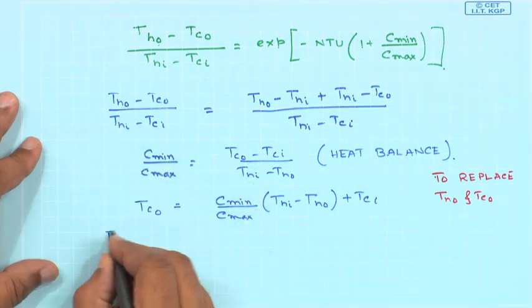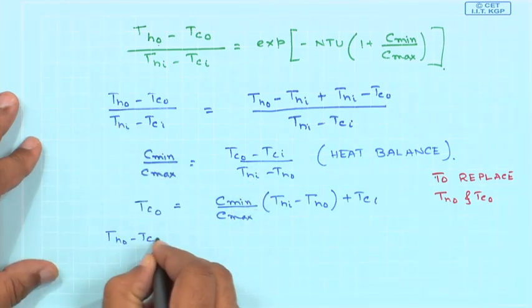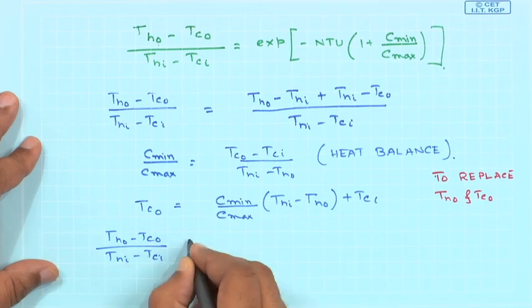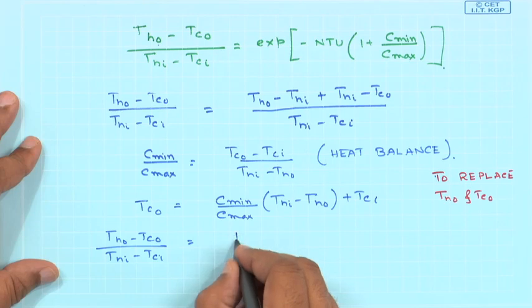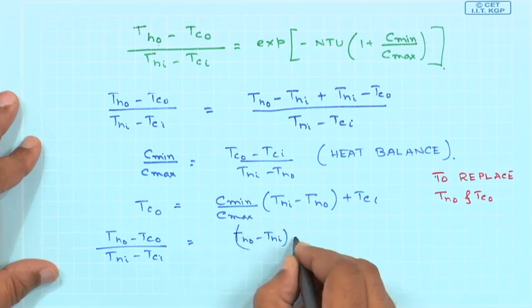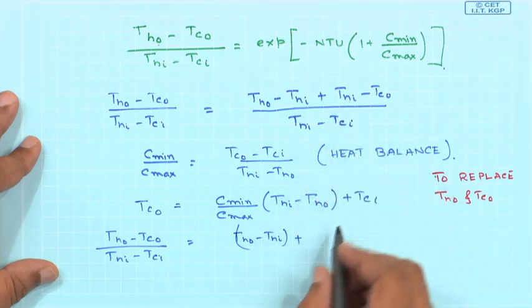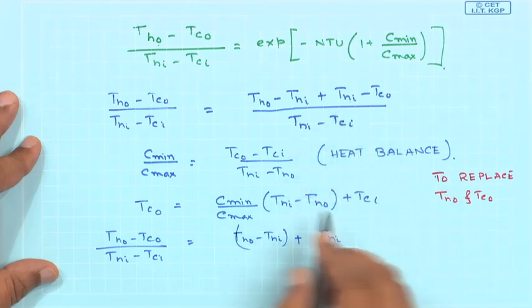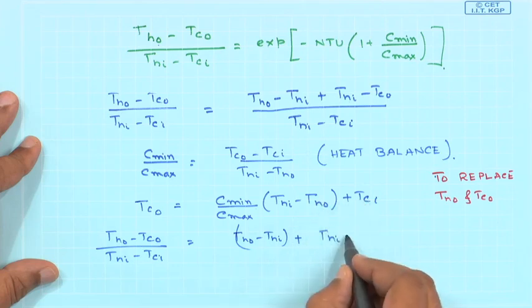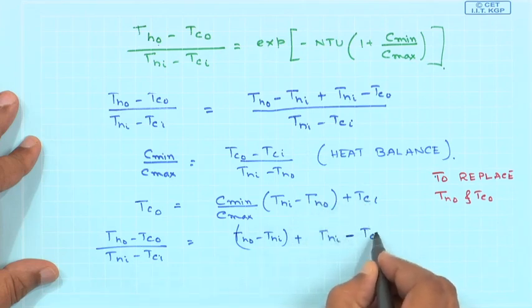So therefore THO minus TCO by THI minus TCI is equal to THO minus THI plus THI, and then instead of TCO I bring in this expression, so it is going to be minus TCI.